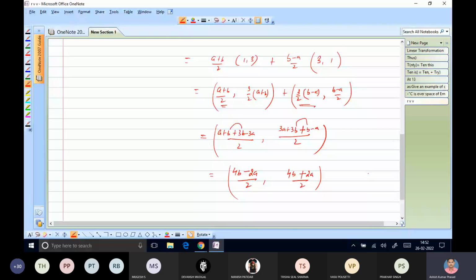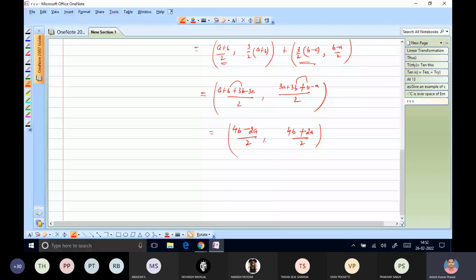So what you will do, first of all, you take 2 common and cancel. So you have 2b minus a. Here you will have 2b plus a. And this is your expression. T of AB should be equal to this one: 2b minus a and 2b plus a. Okay?